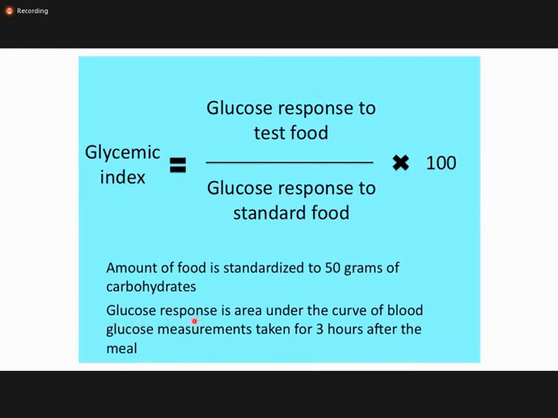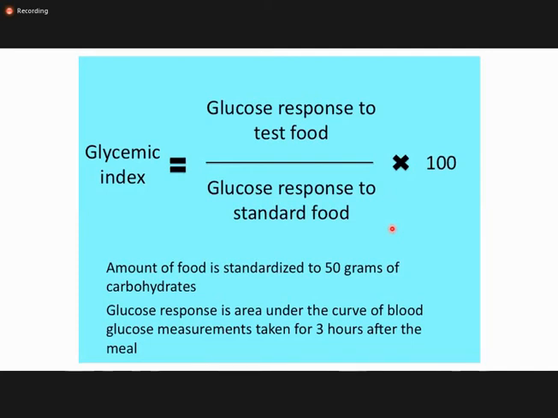So a glucose response is the area under the curve of the blood glucose measurements taken up to 3 hours after the meal. But what you need to remember here is that the glycemic index is basically a ratio between the glucose response to a test food, any food item, divided by a standardized food that contains 50 grams of carbohydrates, multiplied by 100. That gives you the glycemic index, and that tells you how rapidly a food item can increase the blood glucose concentration.